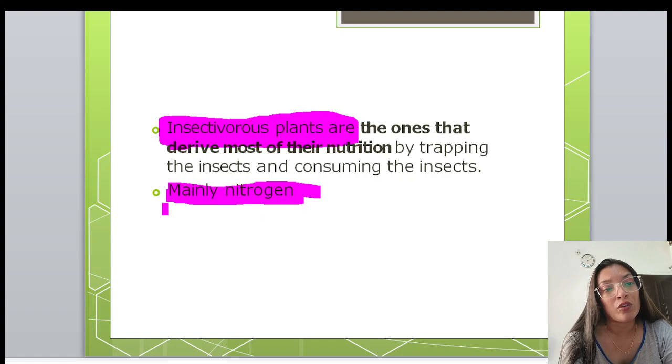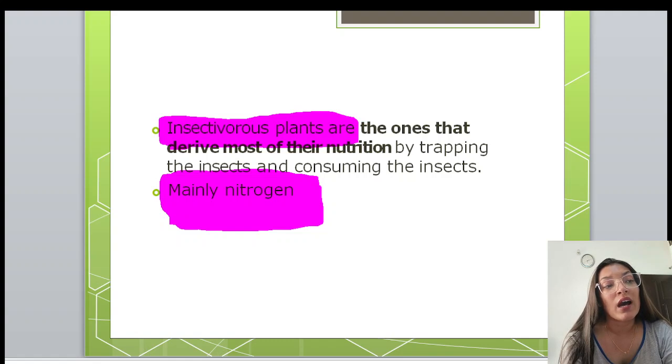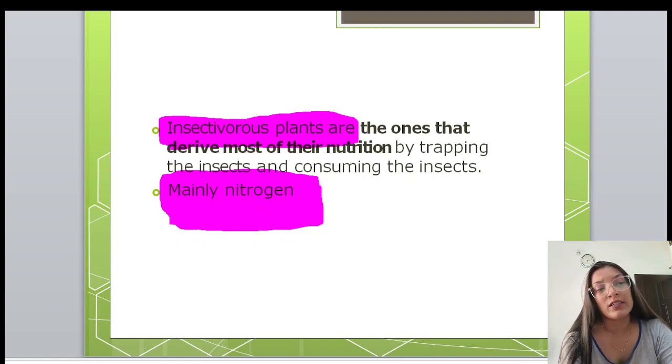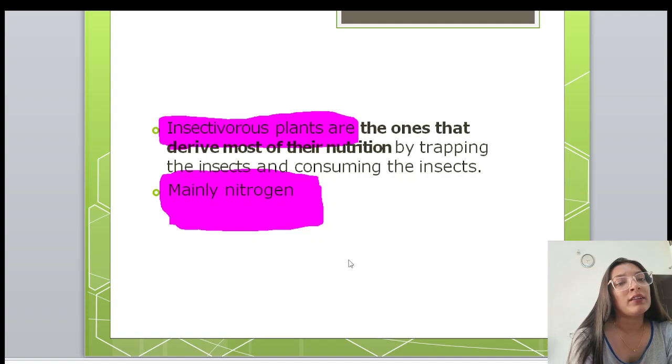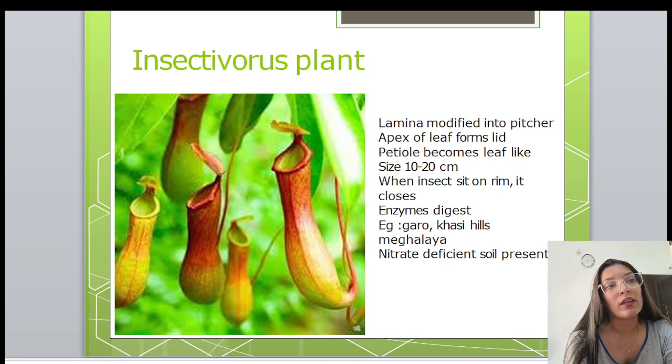So with common sense, you can think that these plants grow where nitrogen availability is less, or you can say nitrogen deficient soil. Just like in the case of Meghalaya, where the Garo Khasi hills are there, which you will study in geography. The nitrogen deficient soil is there, and that is why such insectivorous plants are growing.